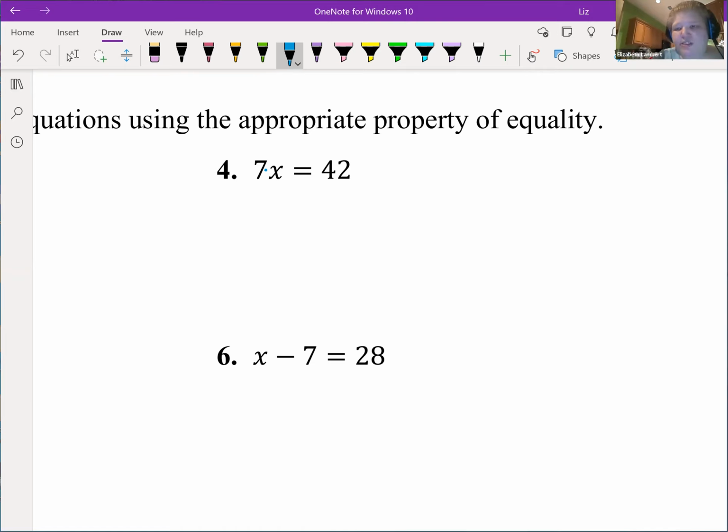That's what I want to do to get x by itself. I want to get rid of the 7, and to undo it, I must use division. Whatever I do on one side, I must do on the other to preserve my balance. So if I want to take my 7 x's and split it so there's only one, I have to take 42 and split it into 7 different groups and then keep one of the groups.